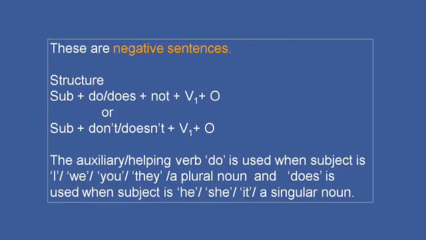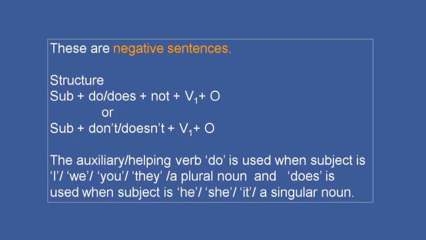These are negative sentences. In negative sentences, we use the word not. The structure or the formation of negative sentences is subject, then do or does, then not, then first form of verb, and then object, or subject, then don't or doesn't, then first form of verb, and then object.